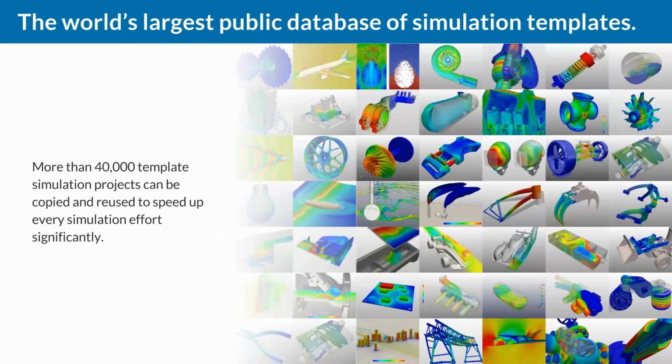I already mentioned that before: SimScale has the world's largest database of simulation projects. Currently we have over 40,000 different projects where you can review the setup and learn from them. This is a very good resource for learning specifics, either about a specific application or how to model it using finite element analysis or CFD analysis.